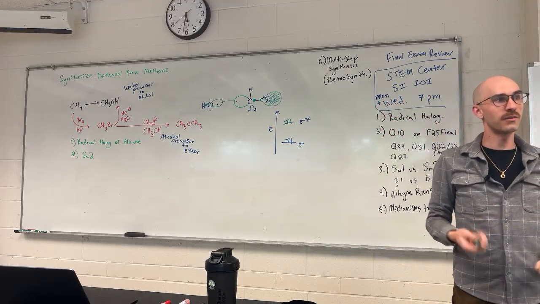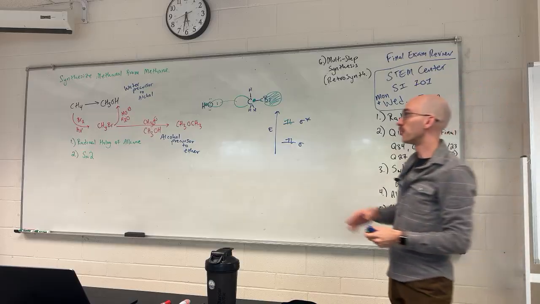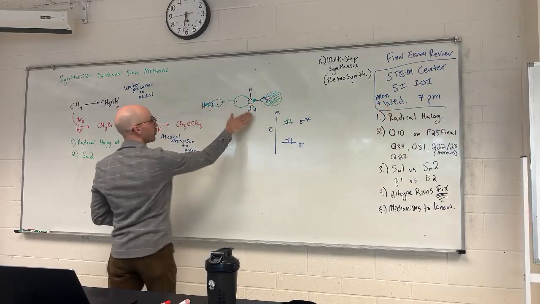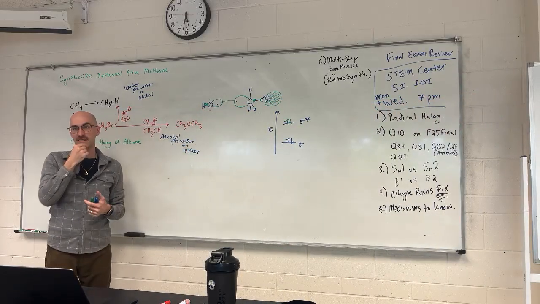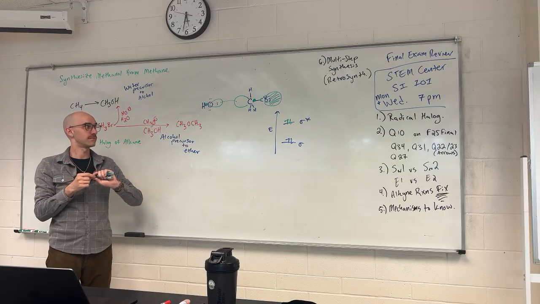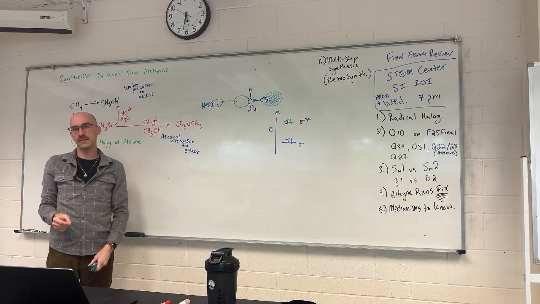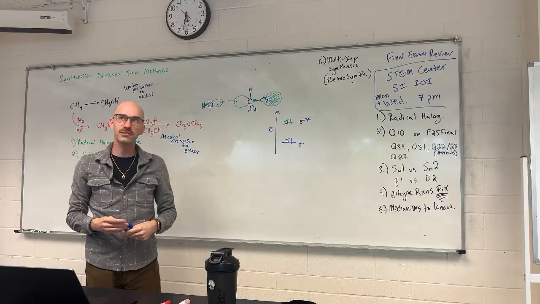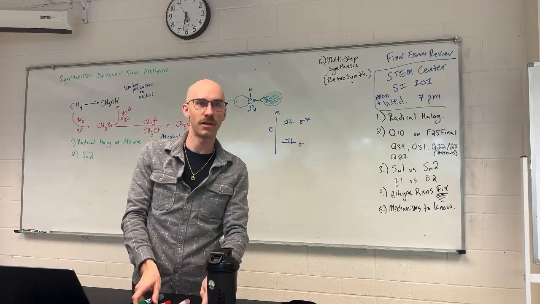So when we say a nucleophile is donating electrons, the nucleophile donates to the electrophile, and typically it donates into a sigma star or a pi star. It donates into an anti-bonding orbital.